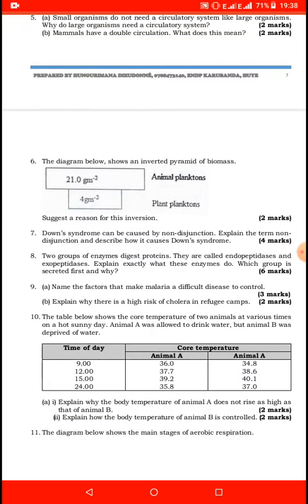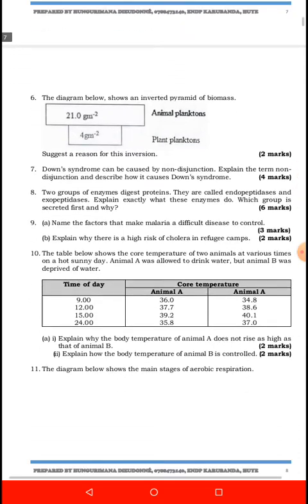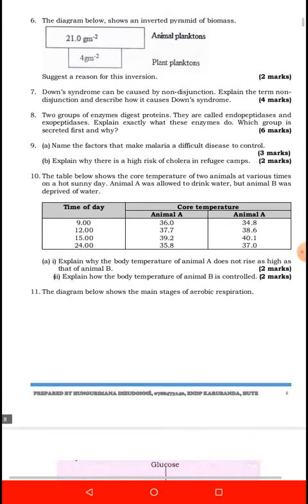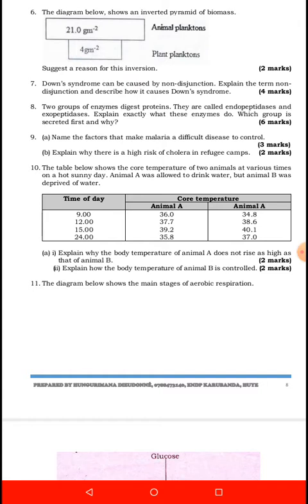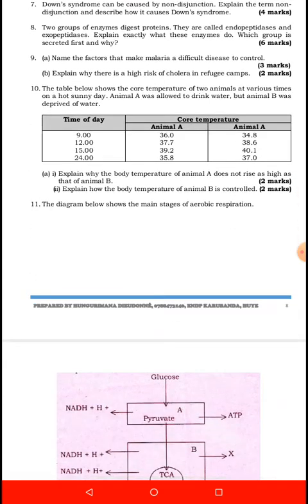Name the factors that make malaria a difficult disease to control. Explain why there is a high risk of cholera in a refugee camp. These are very serious questions. If you are watching this video, you can pause, write the questions, and then write the answers.